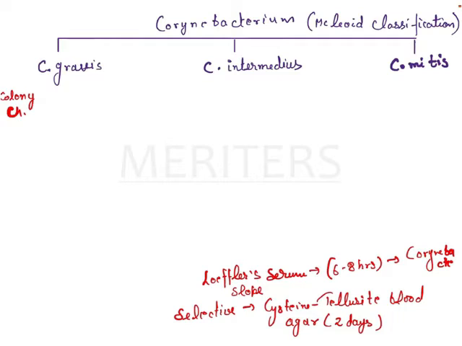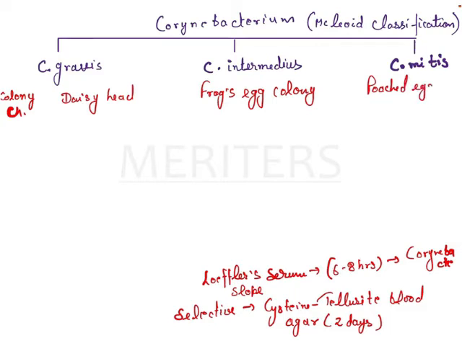The colony characteristic on tellurite: daisy head appearance is shown by gravis. Frog's egg colony is shown by C. intermedius, and poached egg colony is seen with C. mitis.